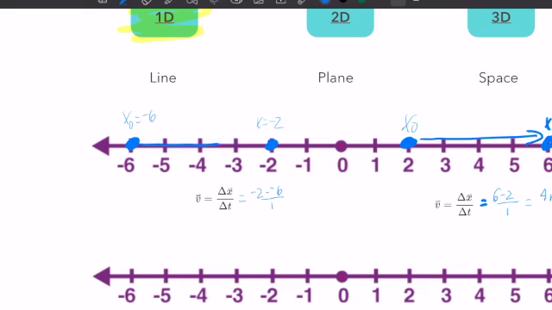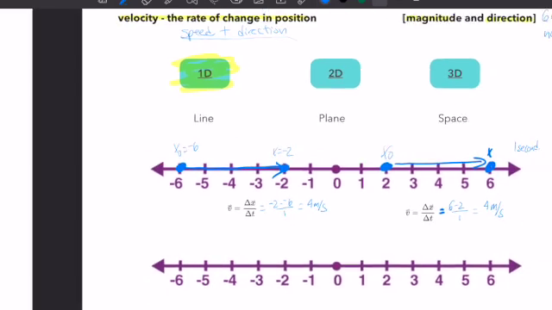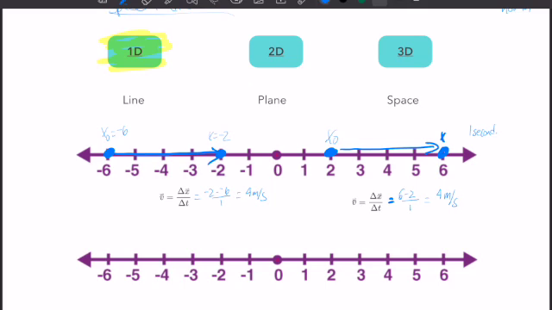Let's say it took 1 second for that to happen. And we end up with 4 meters per second. So in both of these situations, we have exactly the same velocity, 4 meters per second. They are traveling in the same direction at the same rate.